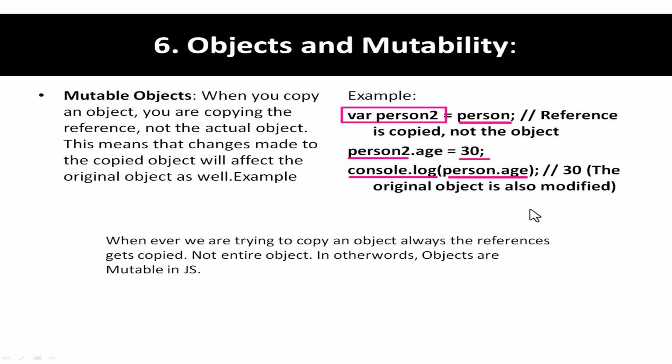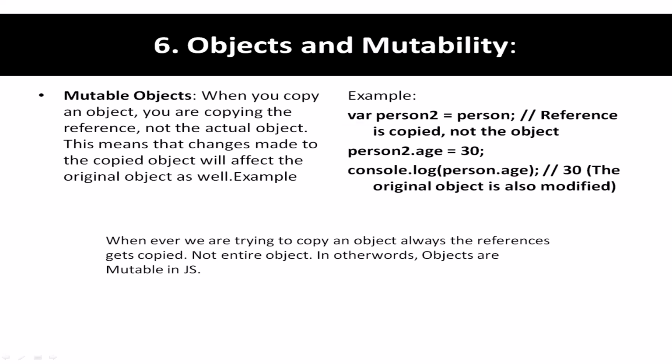At that time you need to take care. Whenever we try to copy an object, the reference gets copied, not the entire object. In other words, objects are mutable in JS.